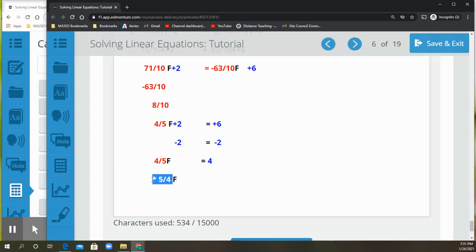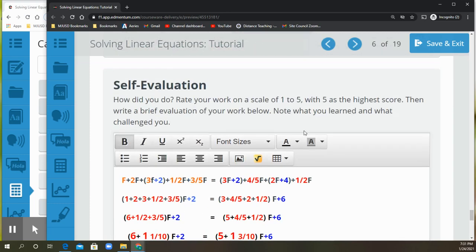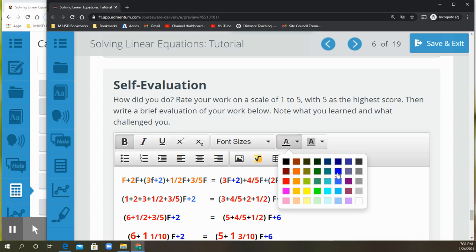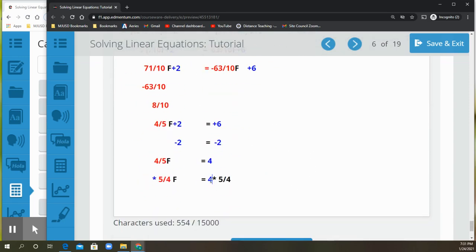But okay, so then on this side of the equal sign, we have 4 multiplied by 5/4. Make that blue, but it doesn't really matter. Okay, so now 4 times 5/4.